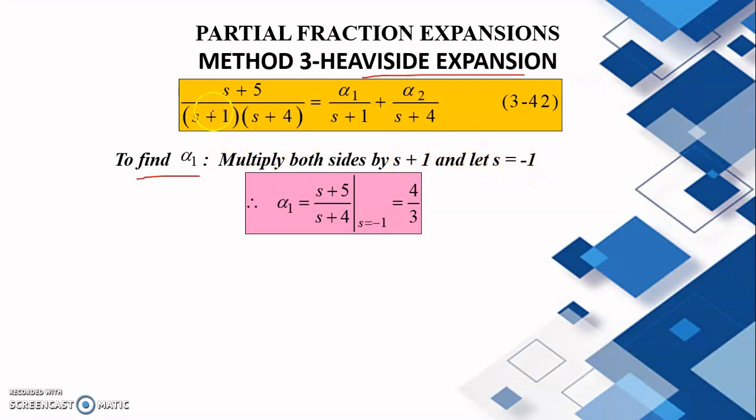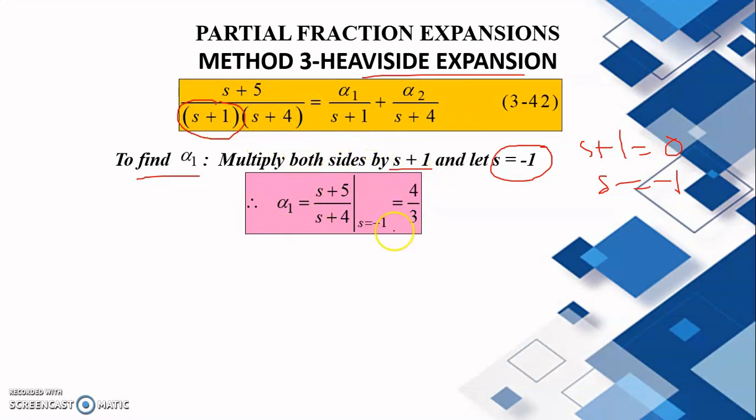Meaning you take this one as your reference, and then you multiply both sides with this expression, and because it's s plus 1, when s plus 1 equals 0, basically s is equal to -1. So you put this condition as well, and substitute into this expression.